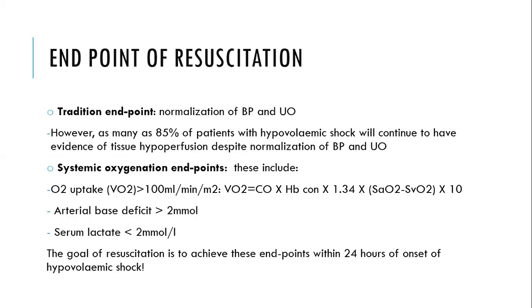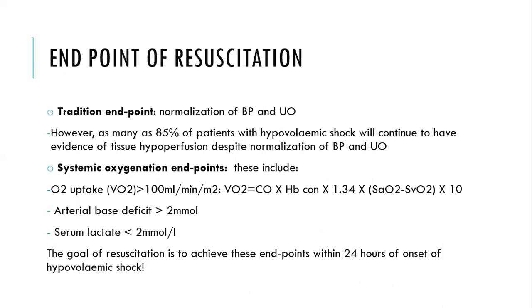Now, you want to have an endpoint. What do you want to achieve? There are 2 endpoints that we can use. The traditional endpoint is the normalization of blood pressure and urine output. But it has been found that even after normalization of blood pressure and urine output, more than 85% of our patients will continue to show evidence of tissue hypoperfusion.